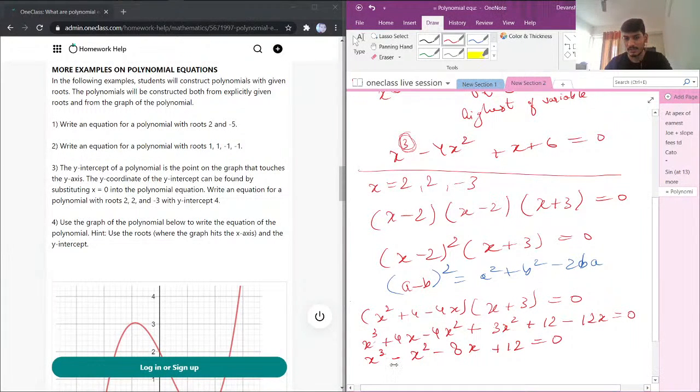So basically the equation for x equal to 2, 2 and negative of 3, we get the equation as x cube minus x square minus 8x plus 12. My addition and subtraction is correct, I think. Yeah, everything looks nice. As we can see, the highest degree is 3, and we have here 3 roots.